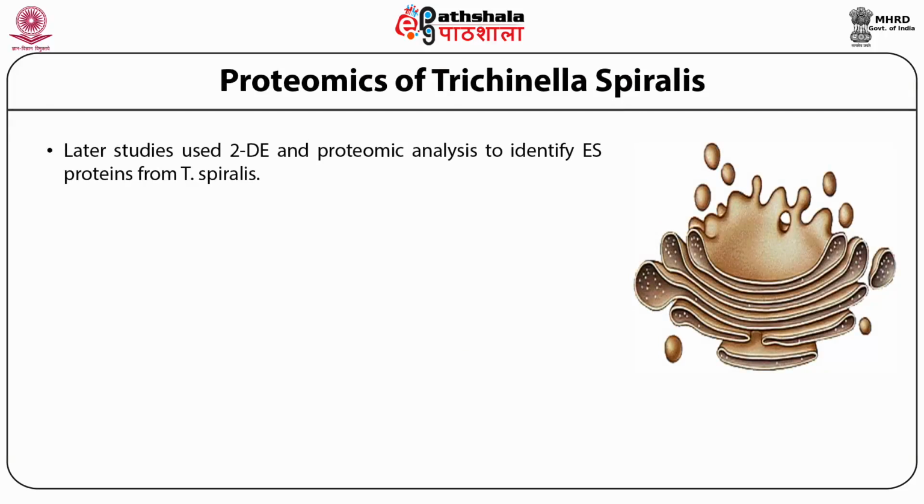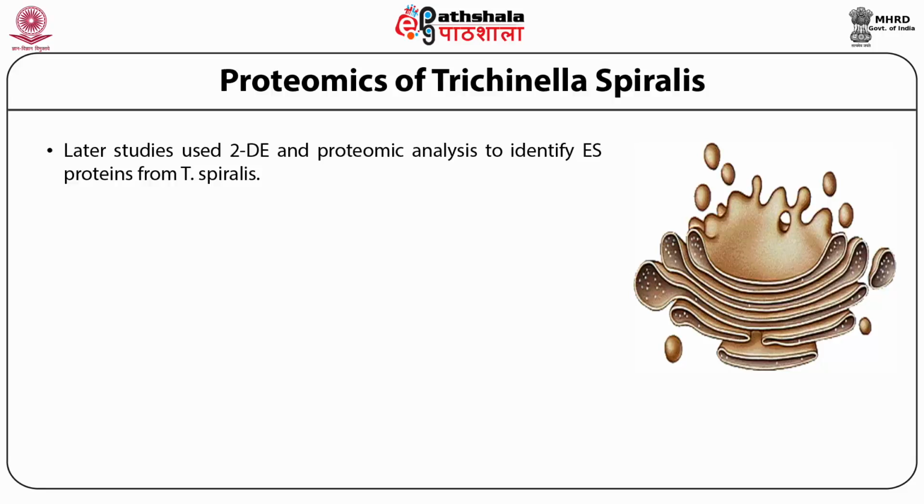Later studies used 2-dimensional electrophoresis and proteomic analysis to identify the excretory-secretory proteins from T. spiralis. The PMF data obtained from MALDI-TOF mass spectrometry analysis of ES peptide spots excised from 2-dimensional gels was used to confirm the existence of 2 members of a family of nematode-specific proteins that have N-terminal signal peptides.